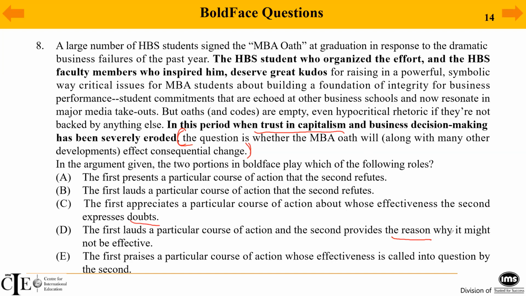Second provides the reason why it might not be effective. This is the reason. Because the faith in capitalism has been eroding, it is doubtful. The question is, okay. So the first praises a particular course of action whose effectiveness is called into question by the second.